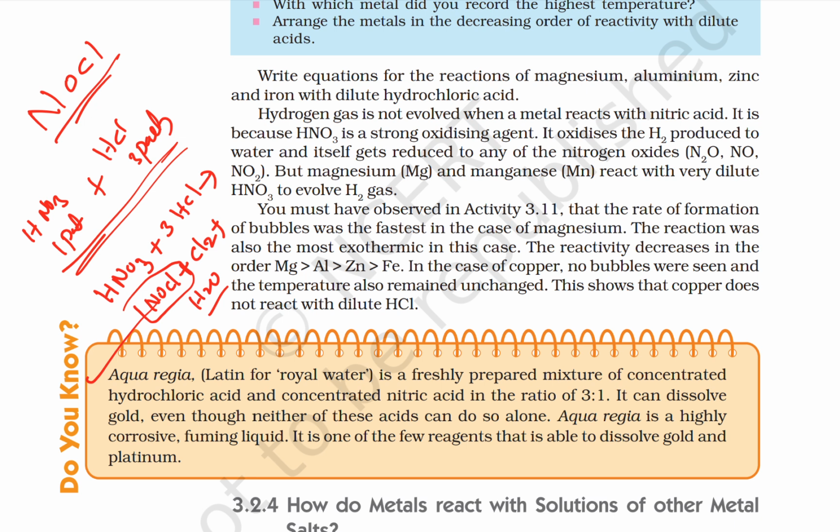Reaction with gold: gold is highly unreactive, but aqua regia can dissolve it. It forms chloroauric acid, a soluble gold compound. Reaction with platinum forms chloroplatinic acid. As for uses, we can use it for gold and platinum purification.